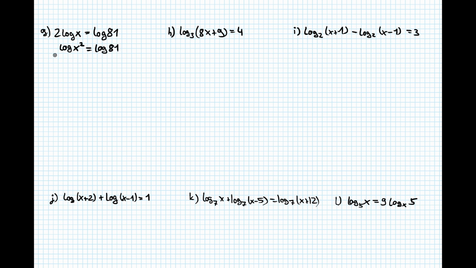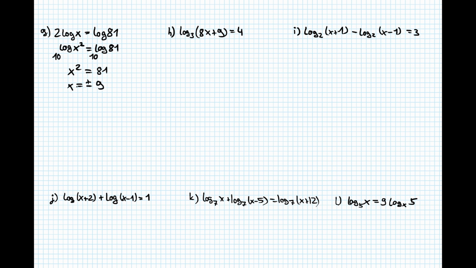If we have 10 to the power of log, these two here cancel out, and we'll be left with x squared equals 81. Now x can be positive or negative square root of 81, which is 9.